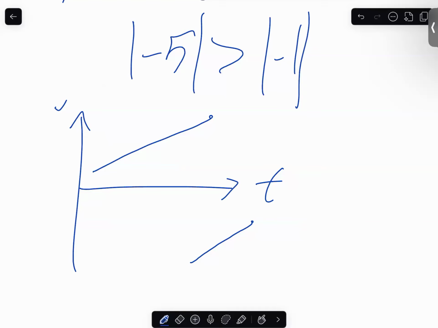But velocity is trending towards 0, which means the speed is trending towards 0, which means I'm slowing down. So here's an example of velocity increasing and speed increasing. Here's an example of velocity increasing and speed decreasing.